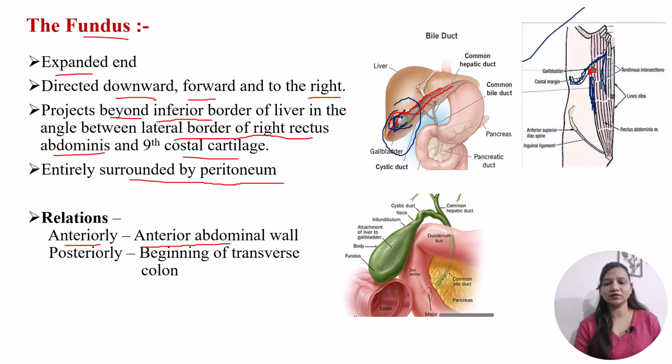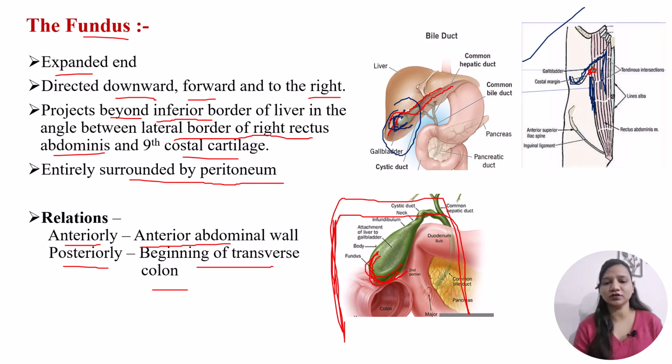So this is the fundus, which is anteriorly related with the anterior abdominal wall, and posteriorly it is related with the beginning of the transverse colon, as you can appreciate here in this picture.